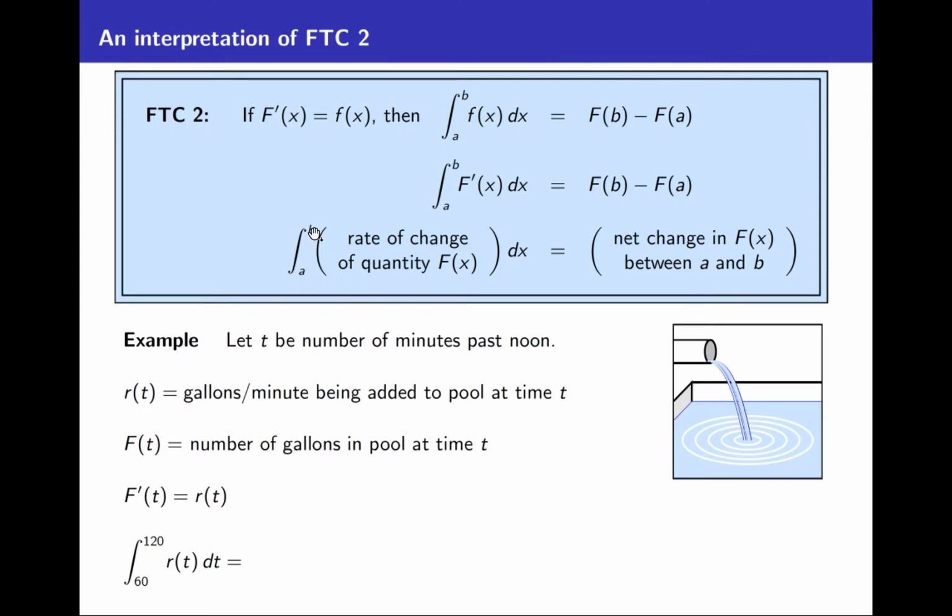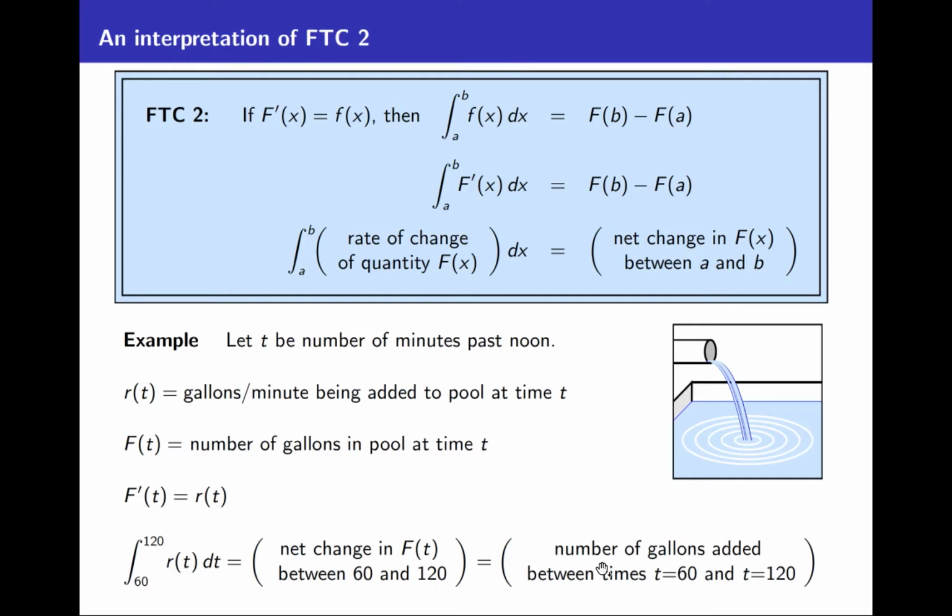That's the integral from a to b of the rate of change of a quantity big F of x, or in this case big F of t, and that's equal to the net change in that quantity big F between a and b, in this case 60 and 120. So this equals the net change in big F of t between 60 minutes and 120 minutes. It's the number of gallons added to the pool between times t equals 60 and t equals 120.